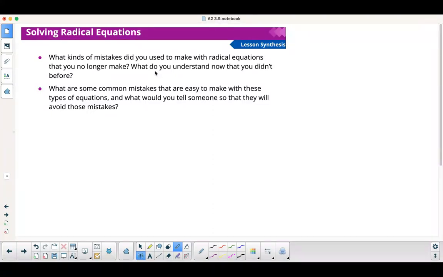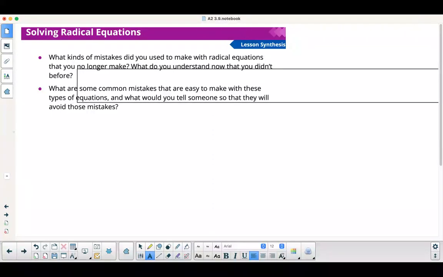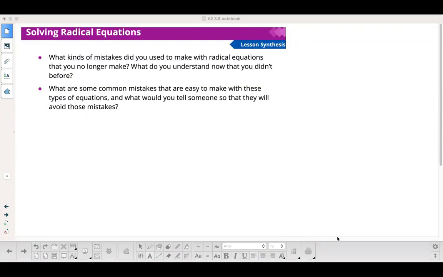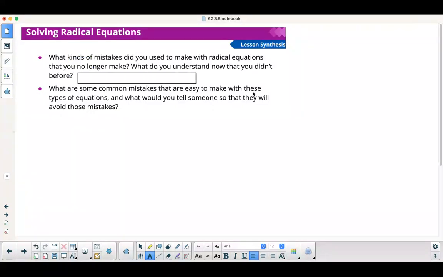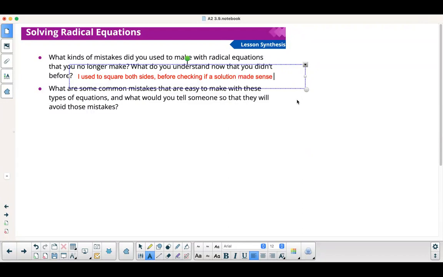I would say most people probably used to square both sides before checking if a solution made sense.